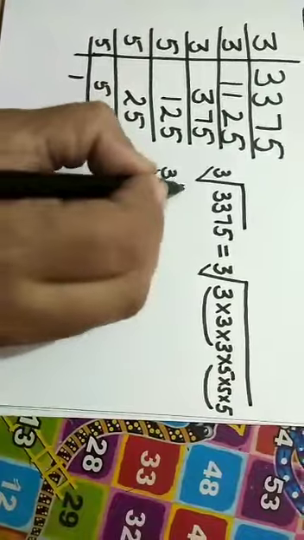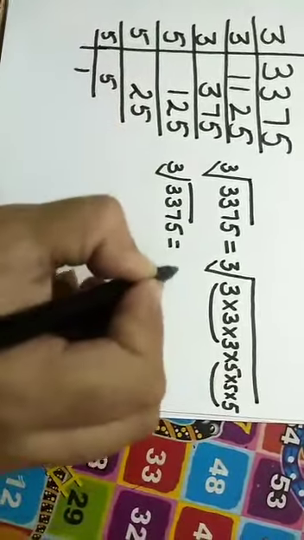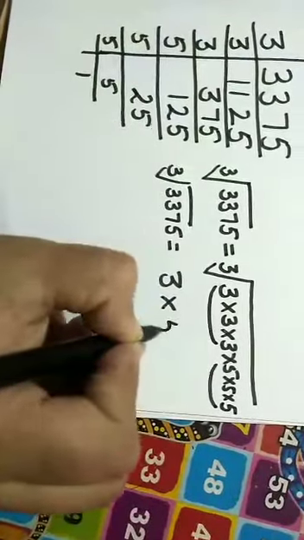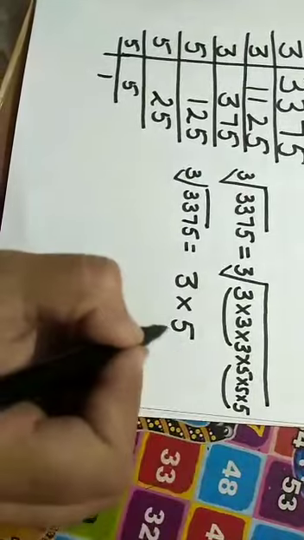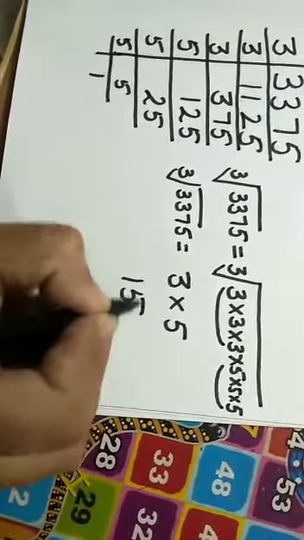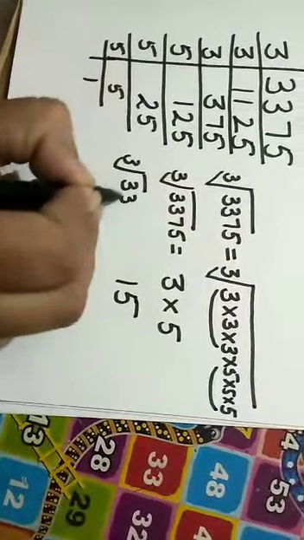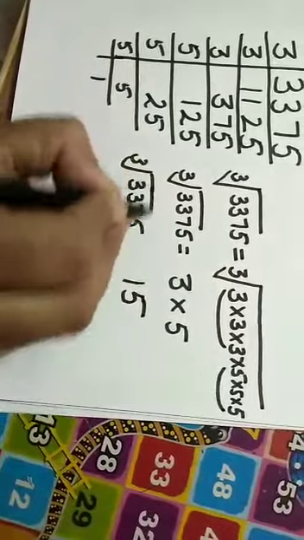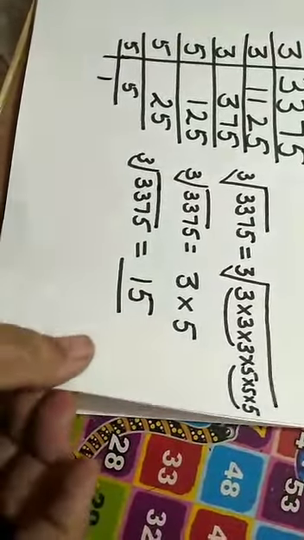Now the cube root of 3375 will be 3 into 5. For one group we take one number, and for the second group also a single number. 5 3s are 15. So the cube root of 3375 is 15.